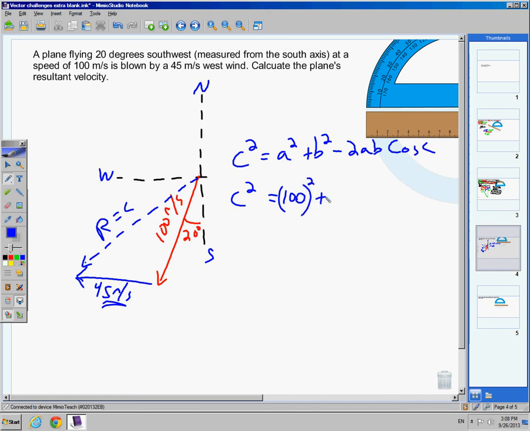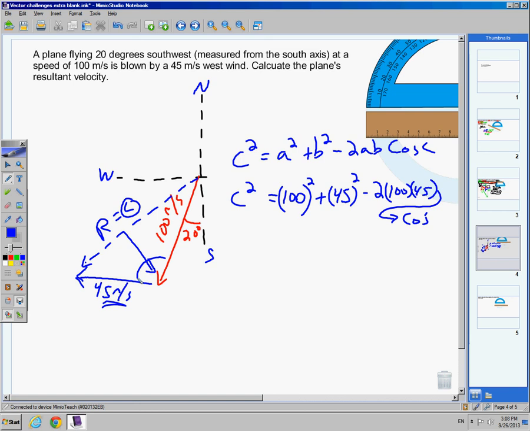Plus 45 squared, minus 2 times 100 times 45, cosine, and now we have to put an angle here, cosine C. Cosine C means if this is going to be C here, it's the angle opposite, which is this angle right here.